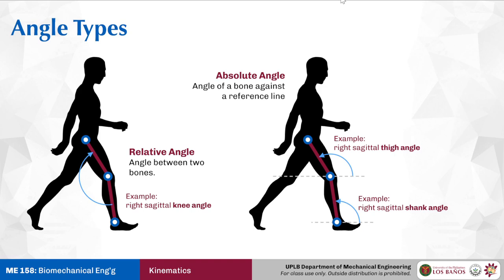The right comes from the fact that it's the right leg, but it says sagittal. Sagittal refers to the plane the angle is lying flat against. So again, in anatomical conventions, the anatomical plane takes precedence in the naming of angles.